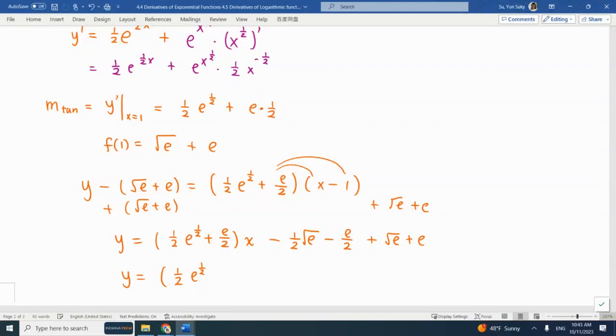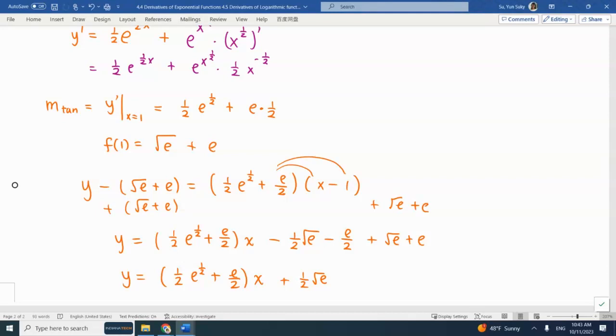Okay. The x, I don't want to distribute the x because I like to have something times x. So then I know this is the slope. But for the constant, I can simplify. Do you see square root of e and minus 1/2 square root of e? You get 1/2 square root of e. So we get positive 1/2 square root of e. And then e minus e over 2 is e over 2.